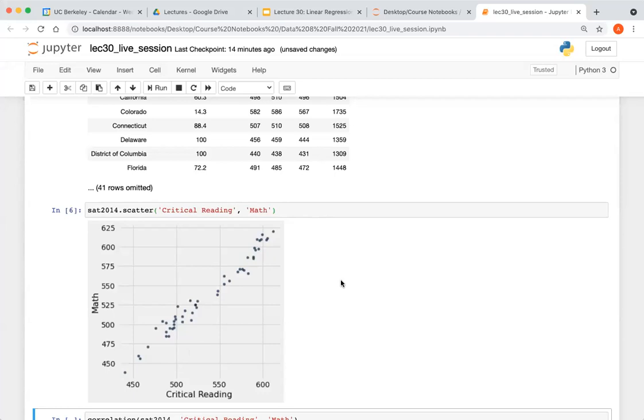Do you agree? Yes, you can quote me on that one, Professor Adhikari, ridiculously linear.